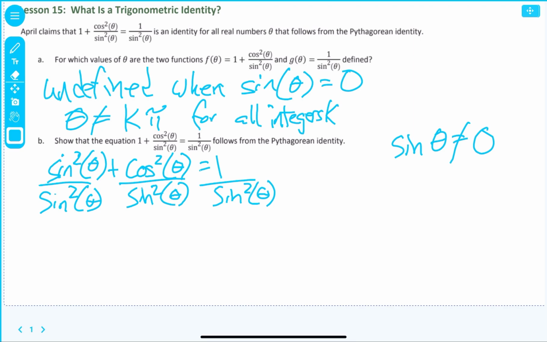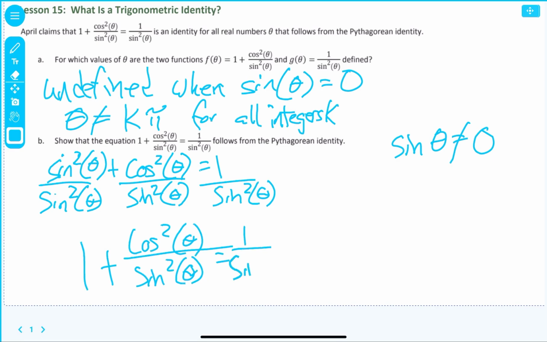Now, rewrite it is all you have to do. What is sine squared theta over sine squared theta? 1. It is 1 plus cosine squared theta over sine squared theta equals 1 over sine squared theta.